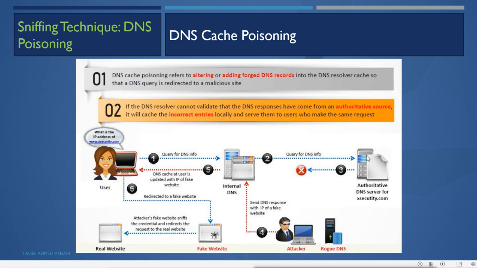Remember, authoritative means the DNS server which has that domain file, that zone file. So it will get that DNS server's IP, and then it will send the request to that DNS server. Now that DNS server says I am the authoritative DNS server, and it will respond with the IP address of the real website.